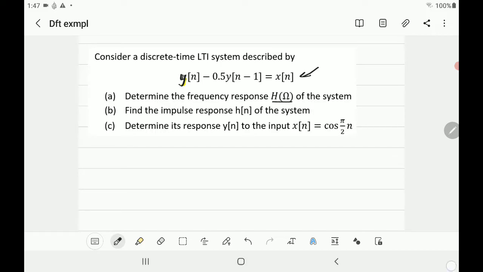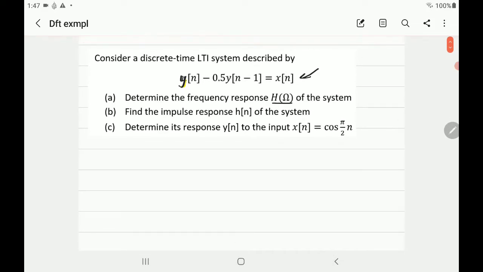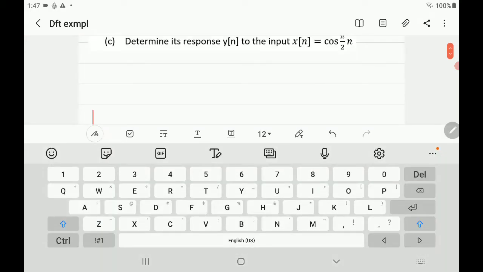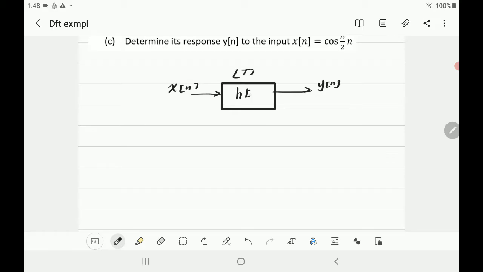So, what is the frequency response of the system? If you have a linear time invariant system represented by this block diagram, the input is x of n, the output is y of n, and the impulse response is defined by h of n.